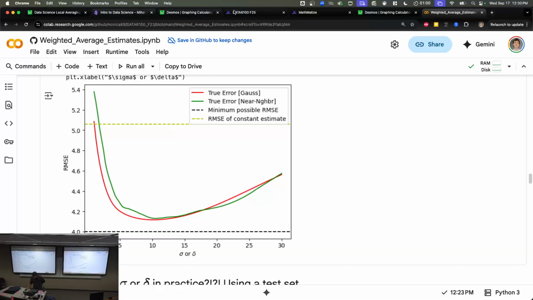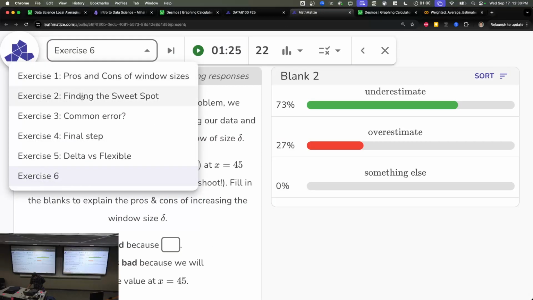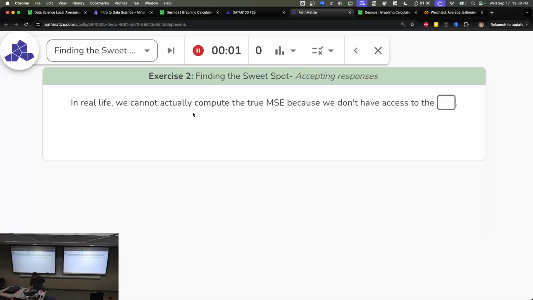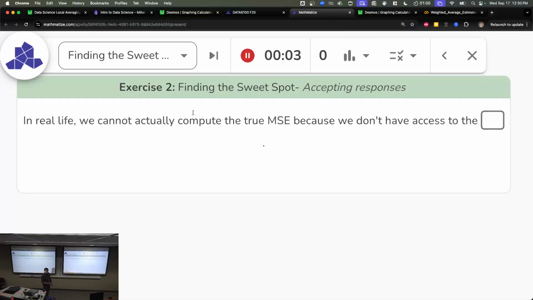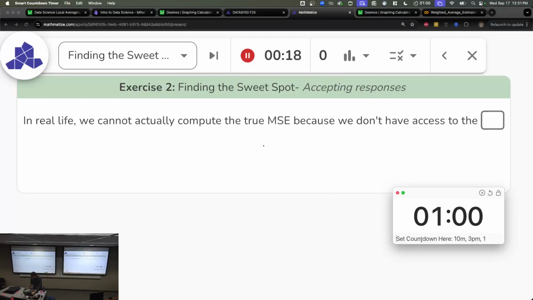And the question is, what did I do that is not allowed? So that is finding the sweet spot. In real life, we cannot actually compute the MSE because we don't have access to the blank. So I cheated, and I did something that I wasn't supposed to do. What did I do that was wrong? Okay, I will let you think for a minute. Feel free to talk to your neighbors and figure out what I did that was cheating.